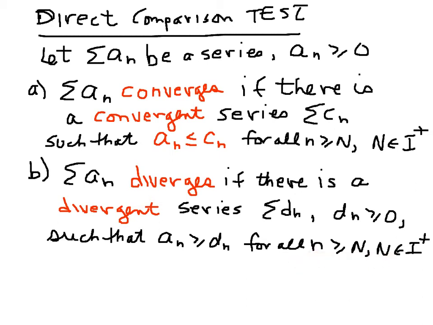So both of those statements should be pretty easy to believe, and as I said before, the big problem in using the direct comparison test is, number one, deciding whether a particular series converges or diverges, and then number two, trying to figure out the appropriate convergent or divergent series to compare it to.